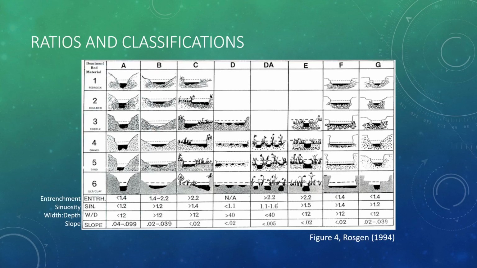Now, I mentioned the Rosgen classification method earlier. Here we see an example of 4 of the different ratios we discussed being employed to characterize the activity or potential for activity within a river by its morphometrics and its ratios. Of course, the Rosgen scheme is one of many different efforts to characterize how a river may behave based on its morphometrics.